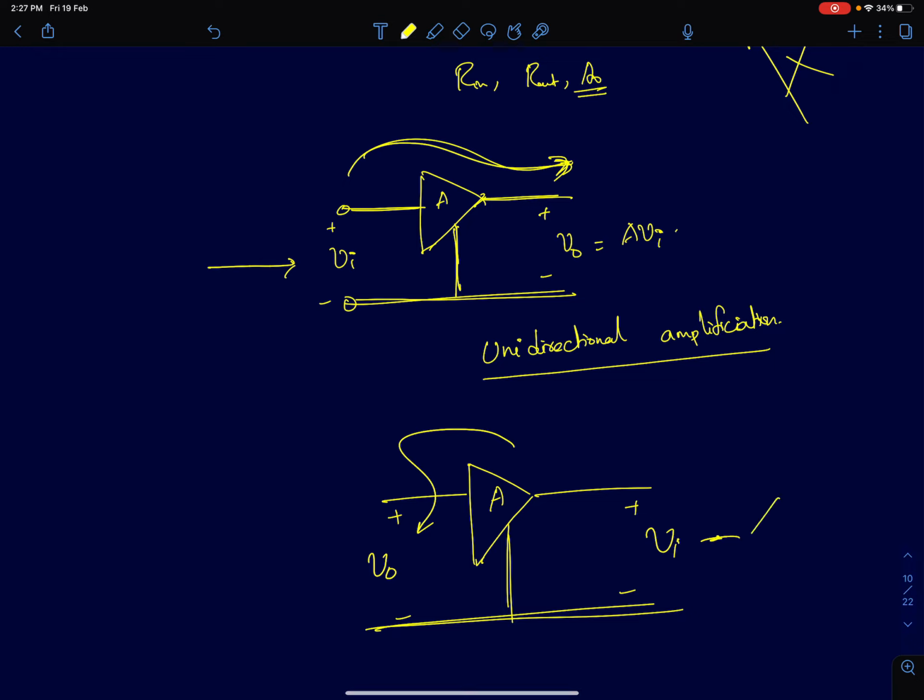So amplification doesn't happen in this direction. Generally it's a unidirectional amplification. It happens in one direction. This is generally true for most of the amplifier configurations. Only few amplifiers, which we will discuss later, will violate this, so it will have some kind of a weak amplification in the opposite direction as well.